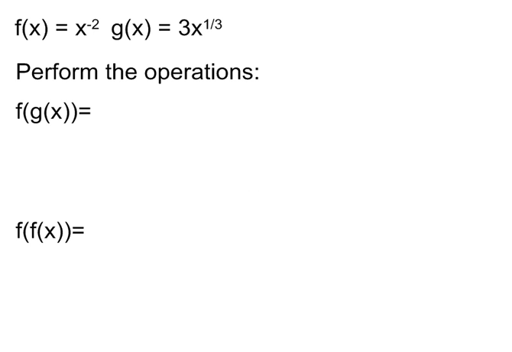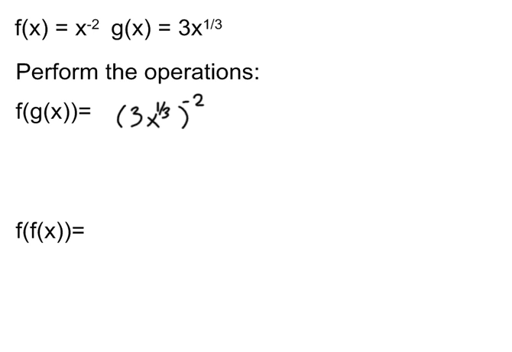Let's try 2 more examples to make sure we see a good variety. So I want to do f of g of x. Plug the g into the f function. Our f function has a negative 2 exponent. Our g function is 3x to the 1 over 3.